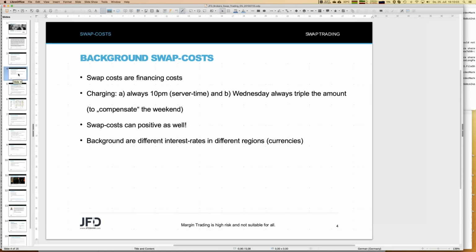If you go long in DAX or any other index, what does it mean? Okay, you lend money and you have to pay interest rates for that. Okay, that would mean just normal behavior.